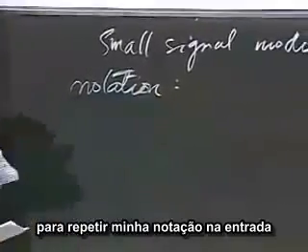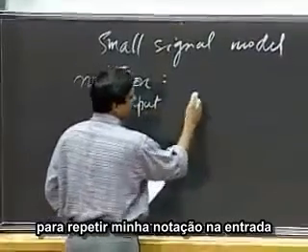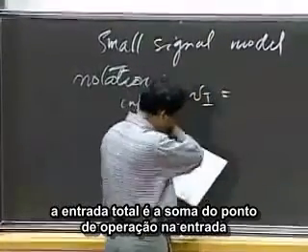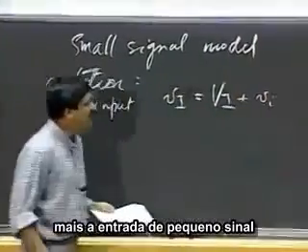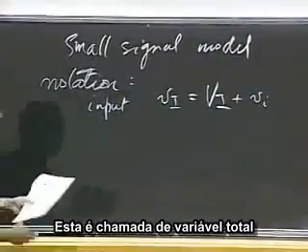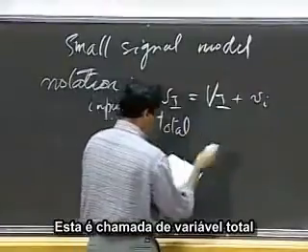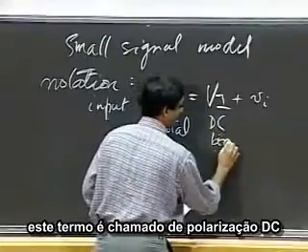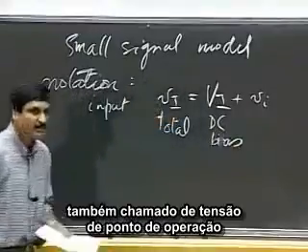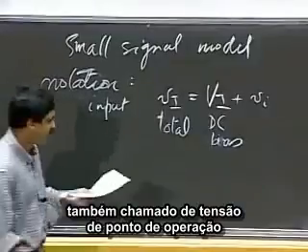To repeat my notation, at the input, the total input is a sum of the operating point input plus the small signal input. This is called the total variable. This is called the DC bias. It's also called the operating point voltage.